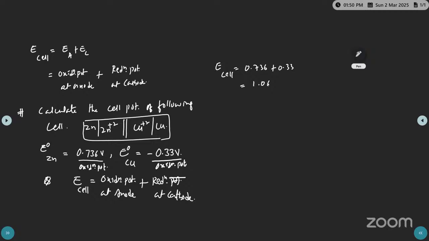Don't consider the third digit: 0.73 plus 0.33 means 1.06 volts. So this is the cell potential, the Daniel cell potential. The given cell potential is 1.06.